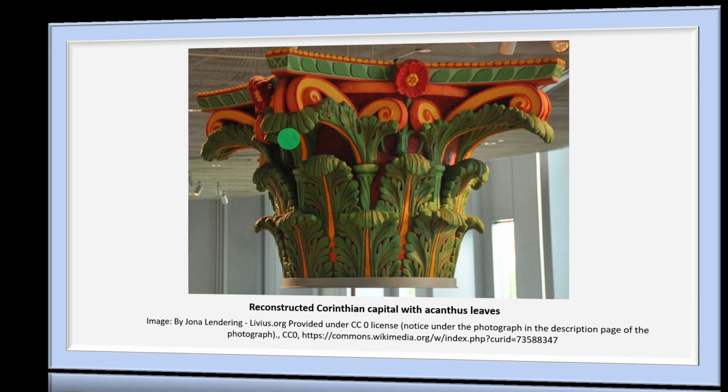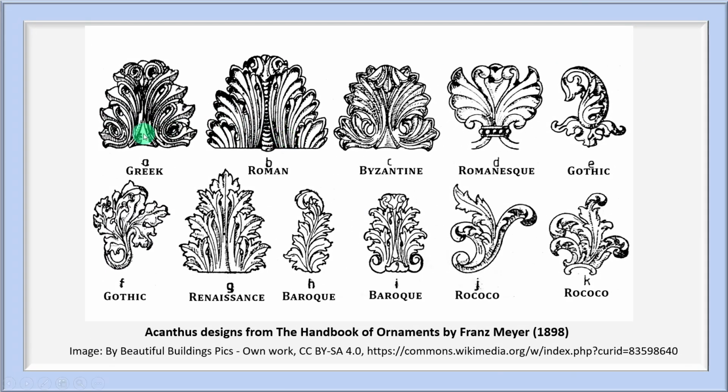Then let's look at other works. This is again the Acanthus motif during different eras. This is Greek, Roman, Byzantine, Romanesque, Gothic, Renaissance, Baroque, and then Rococo. And this is again from the Handbook of Ornaments by Franz Mayer.